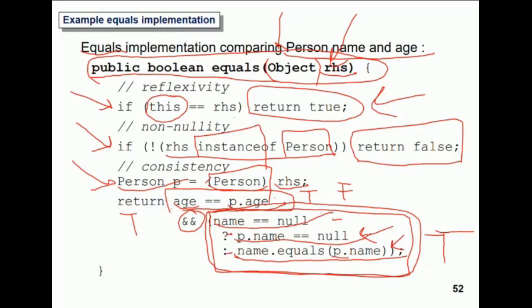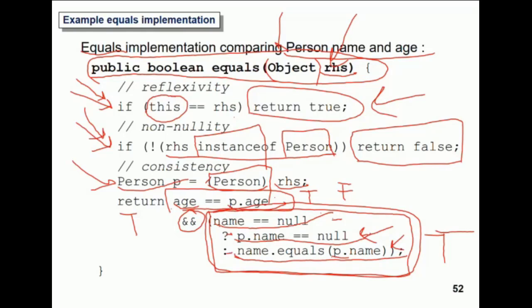So this is where we've checked all the parameters. We've checked is the age the same and is the name the same. And before that, we've done our essential checks, our basic checks. We've checked that it's not the same object, and we've checked that it is indeed an instance of person, and that it's not null. Okay, so this is the basic recipe of how you would check for equality.